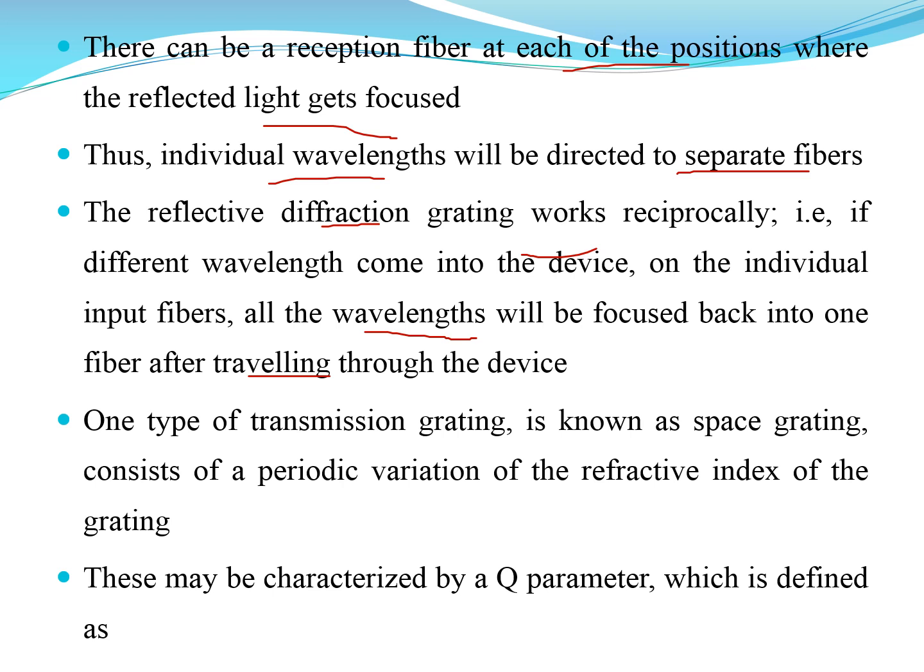One type of transmission grating is also known as a phase grating, where we see a periodic variation in the refractive index of the grating. This is characterized by a parameter called the Q parameter.